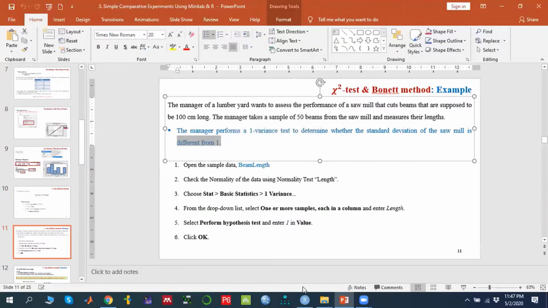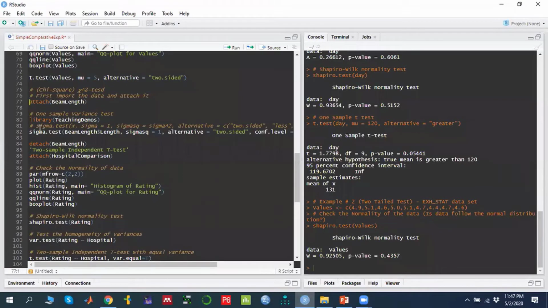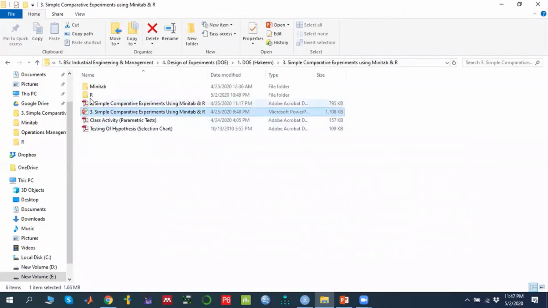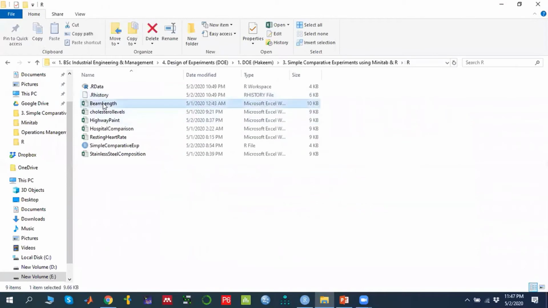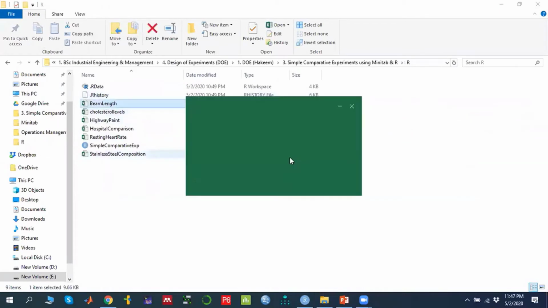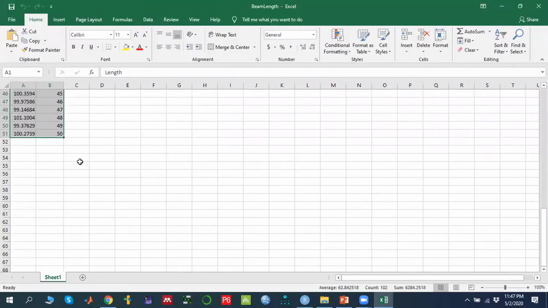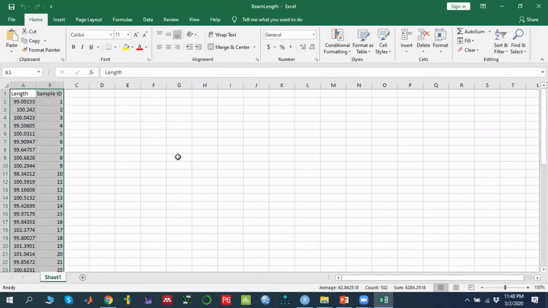So what I am doing, instead of creating a vector, is that I have already stored this data set in an Excel file. That is the beam length. Now we are going to see how I can read this Excel file using R, and then how I can use this data set to analyze the chi-square.